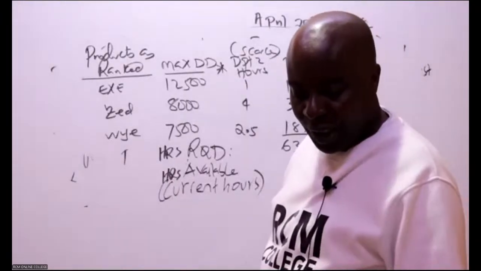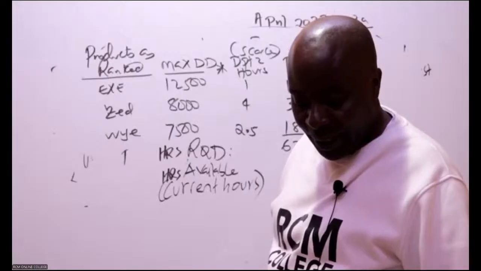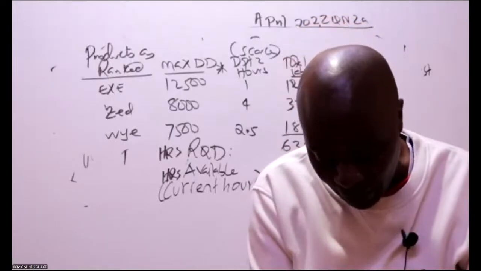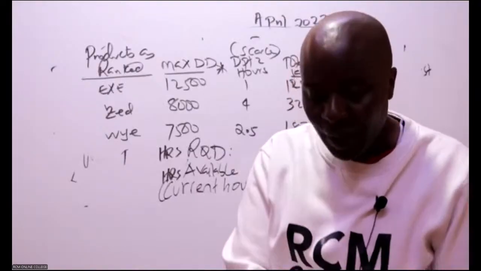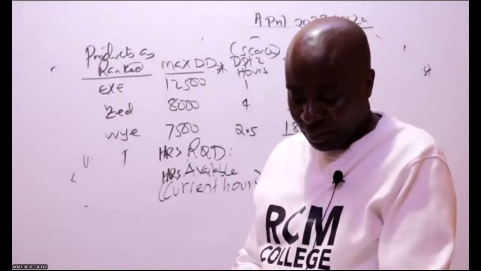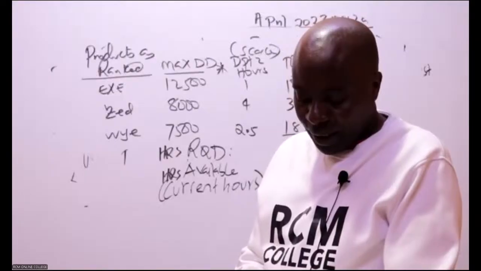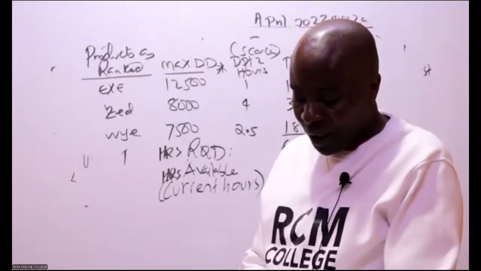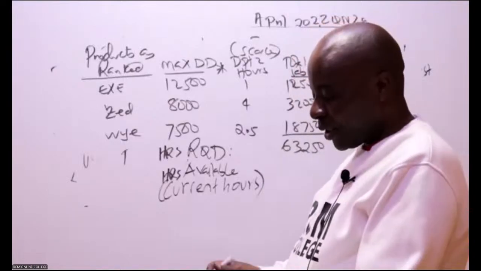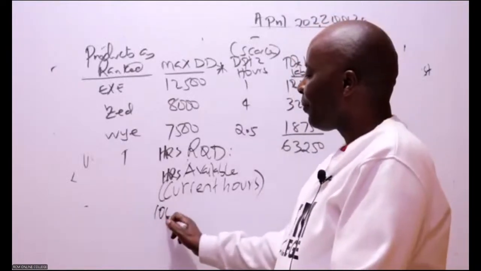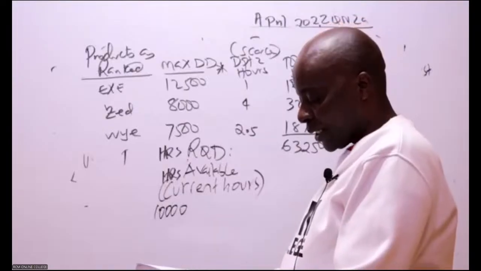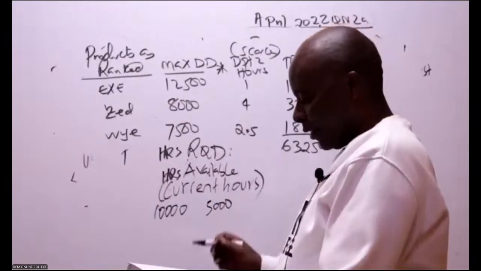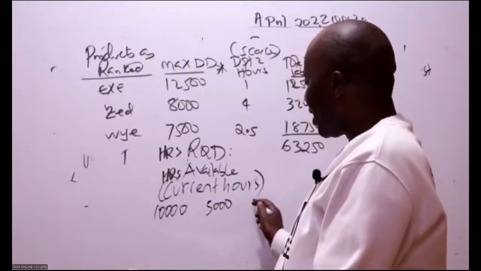There is a place where they have given you the current output, at the very beginning, first paragraph: the current production for X is 10,000, for Y is 5,000, and for Z is 6,000.